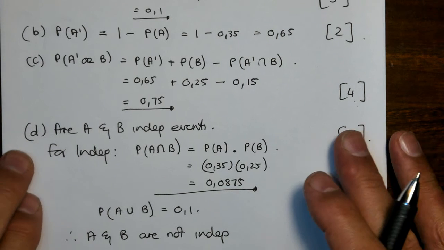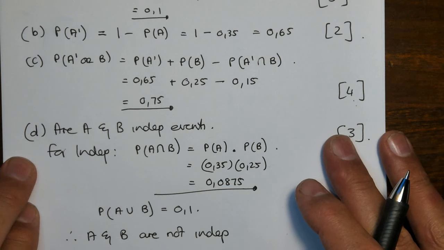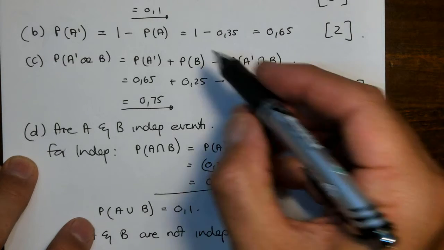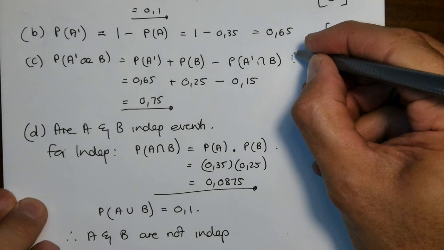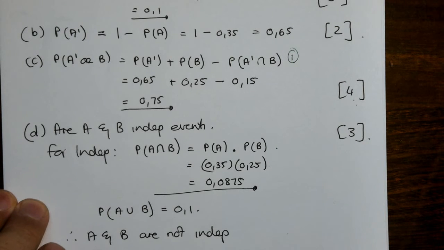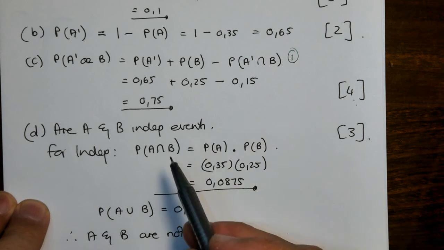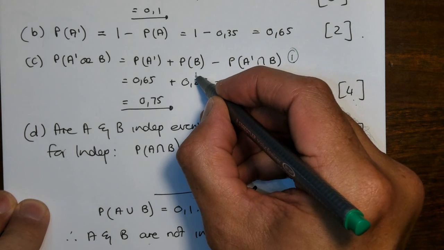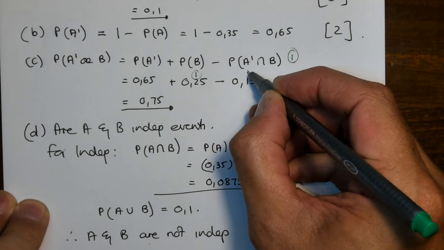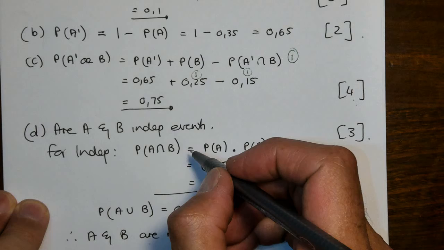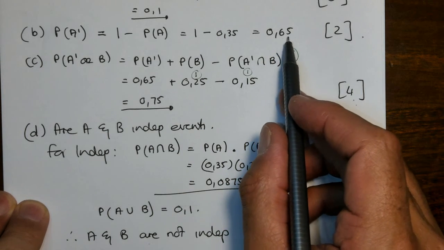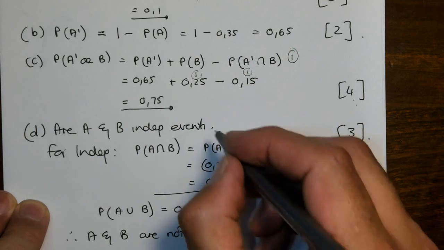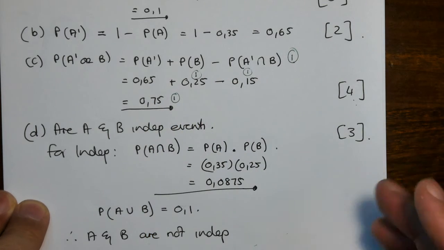Now let's just tell you where your marks went. In number C, for stating the rule, you got a mark. Then for the substitution, a mark here and a mark there, and then finally, because you worked out the complement over here, it's just a matter of plugging it in, and then a mark for your final answer.